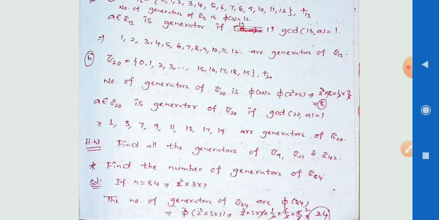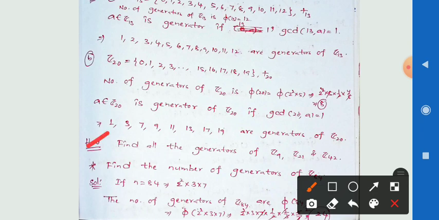Here the homework is given: find all the generators of Z9, Z21, Z42.